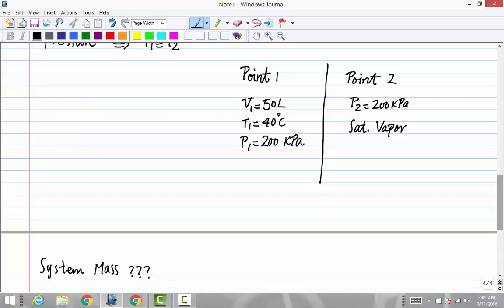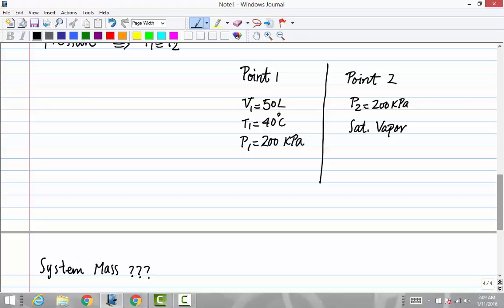And I know that at thermodynamic processes, at different states, I need to know only two intensive properties of my system. And here I have both of them. I have pressure and I have temperature. So I can judge what the status of this point is, right?